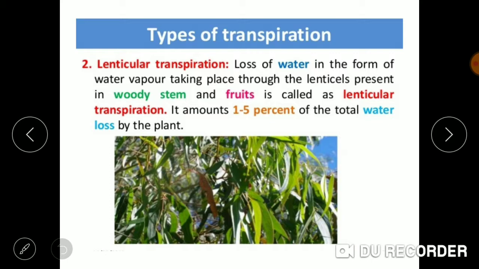They help in the loss of water in the form of water vapor. Approximately 1 to 5% of the transpiration occurs by lenticels, which is a very small amount.